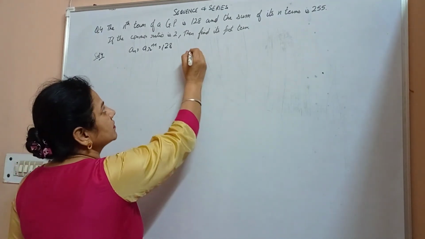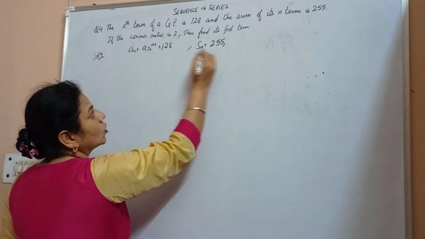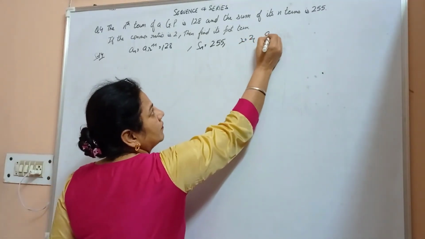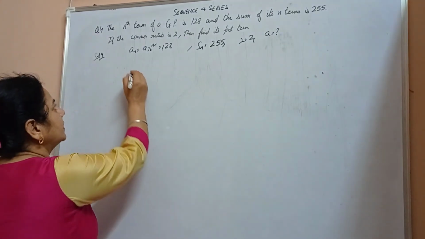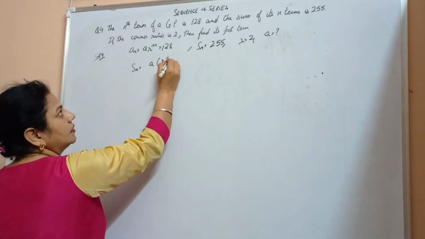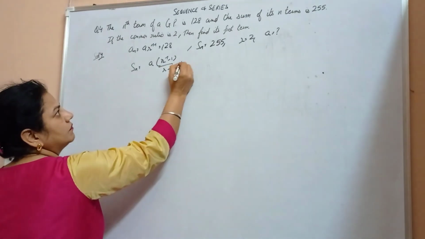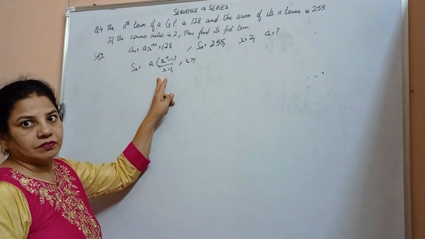The sum of n terms, S_n, is 255. The common ratio r is 2. We have to calculate the first term. The sum of n terms, we know, is given as a(r^n minus 1)/(r minus 1) when r is greater than 1. Here r is 2, which is greater than 1, therefore we use this formula.